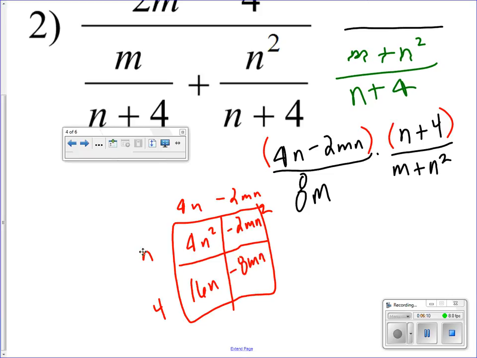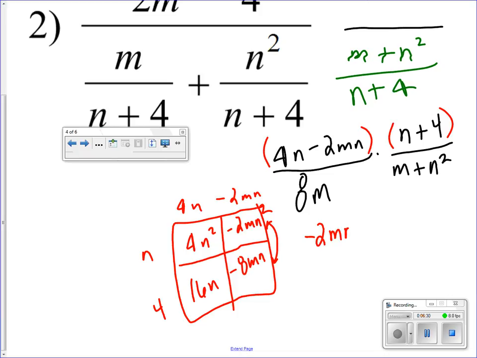And I'm looking for like terms. I don't see any. Mathematicians like to do things in alphabetical order. So I'm going to use the terms with an m first. And so I see both of these terms have m's in them, but one has an n squared and one has an n. So when you have two letters that are the same, you go with the highest degree first.